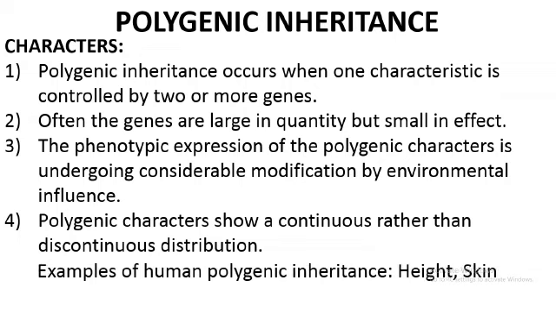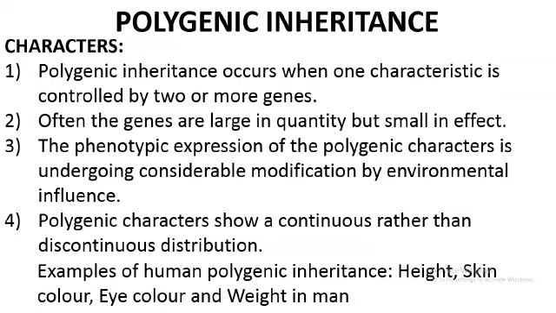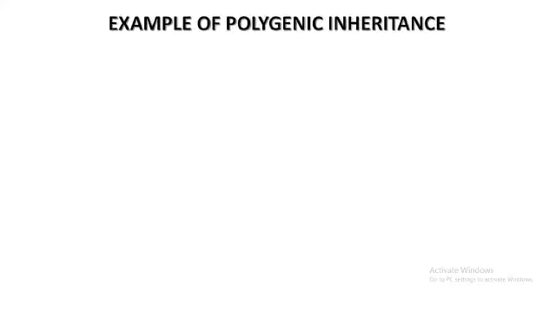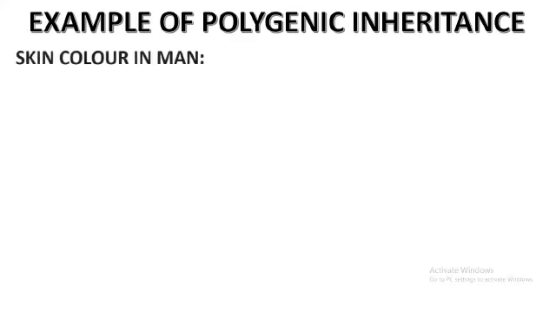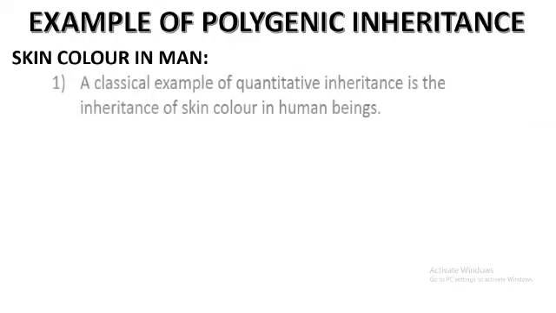The best examples for polygenic inheritance are, one, the height of man, second, skin coloration, third, eye color, and fourth, the weight in man. But for you, very important is the skin color. So let us see how skin color is influenced by polygenic inheritance.